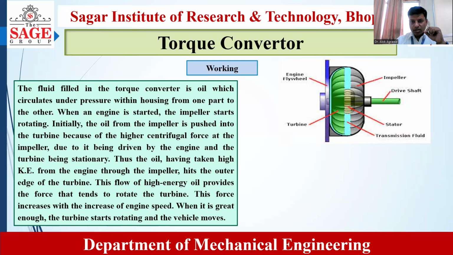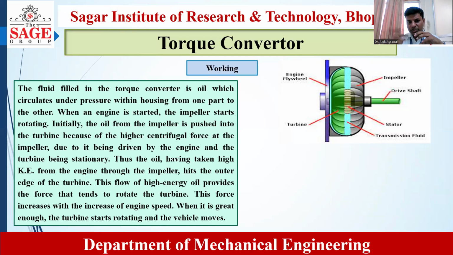Now this oil goes towards the turbine. Initially the turbine is stationary, at rest. Once the oil strikes the turbine, it starts rotating. The oil keeps impacting on the outer edge of the turbine. This flow of high-energy oil from the impeller to the turbine makes the turbine start to rotate.